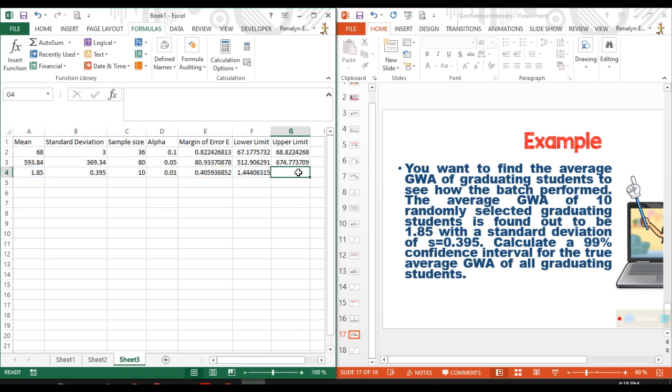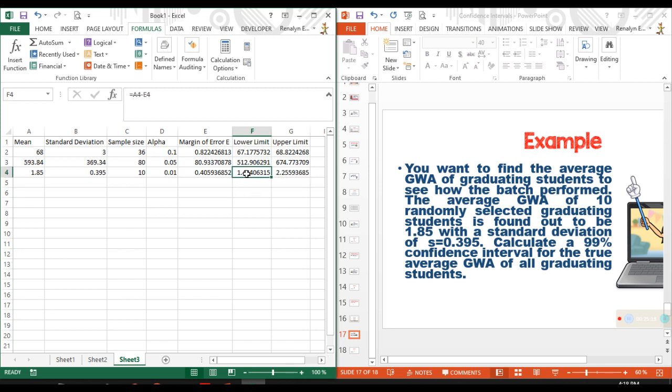Alright? Next, mean plus margin of error. So our confidence interval now is 1.44, 2.26. Okay? I hope that was clear. Ganun lang po yung pagkuha ng mga confidence interval.